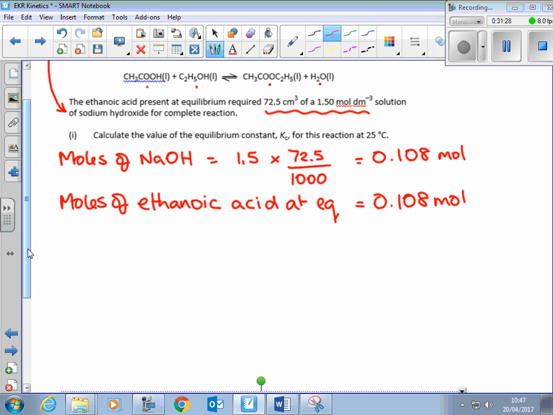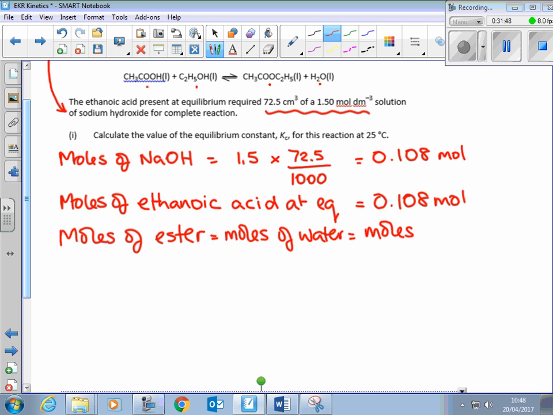Right, so if we look at the moles of ester, rather than writing out CH3COOC2H5, we're just going to put ester equals the moles of water, which also equals moles of acid that reacted.